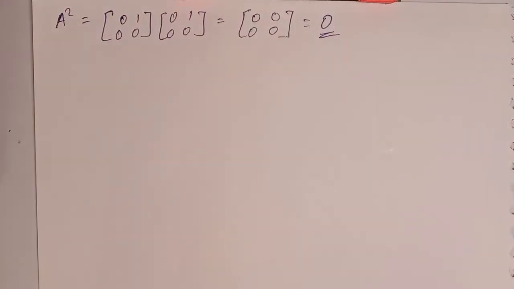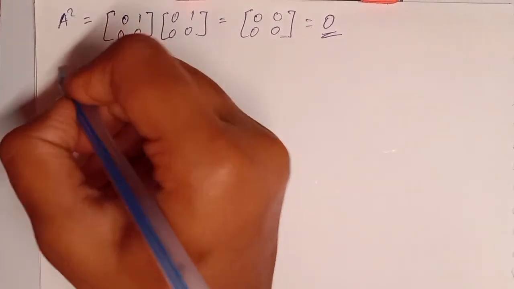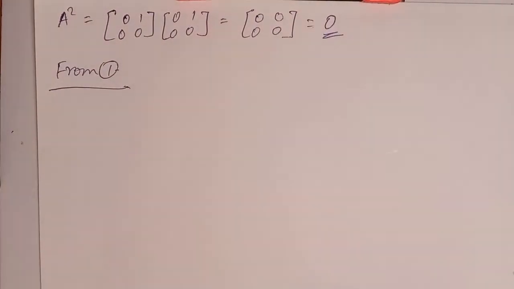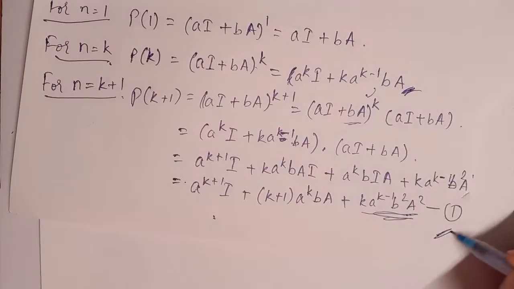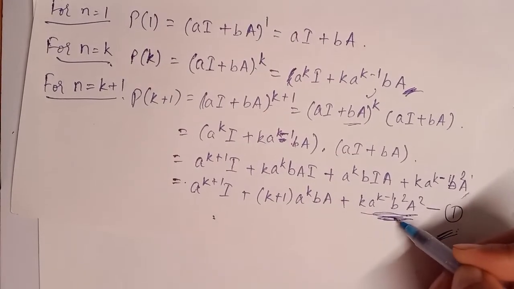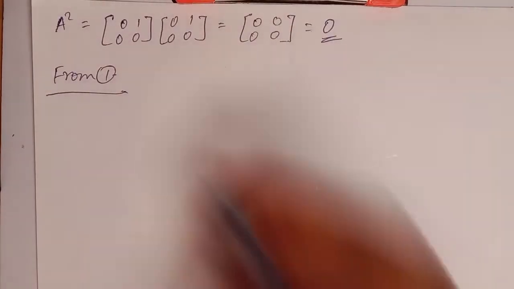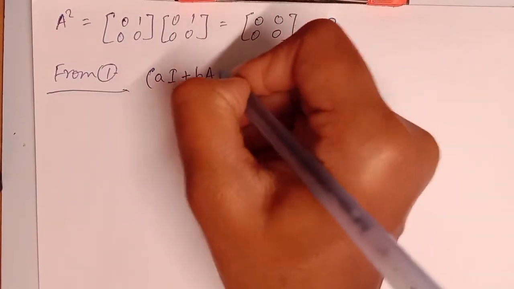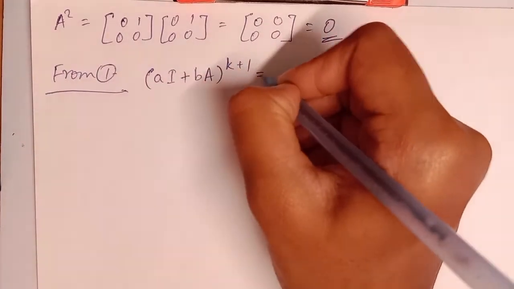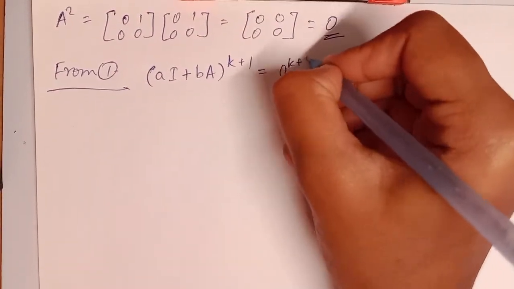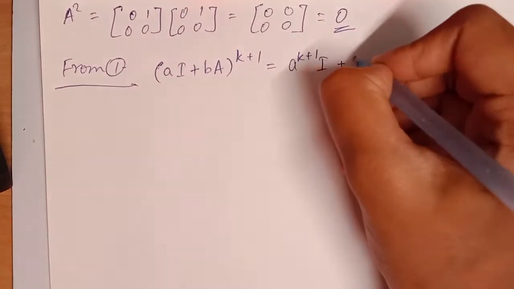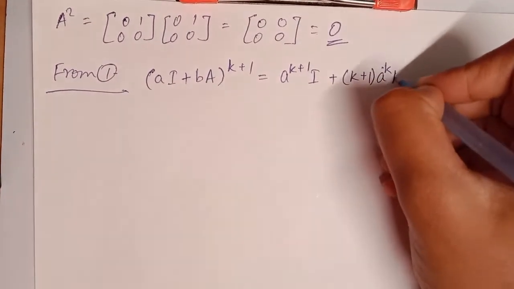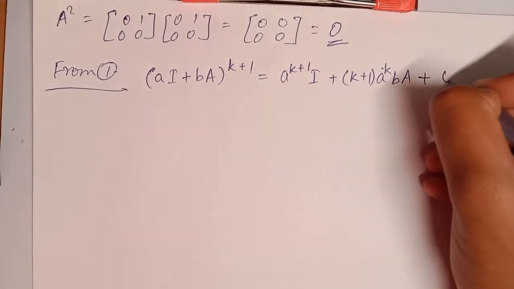So what happens to the first equation, the equation that we had named as 1? This part becomes 0. It happens like aI plus bA whole to the power k plus 1 is equal to a to the power k plus 1 into I plus k plus 1 into a to the power k bA plus 0.